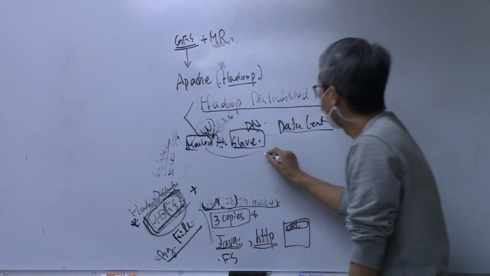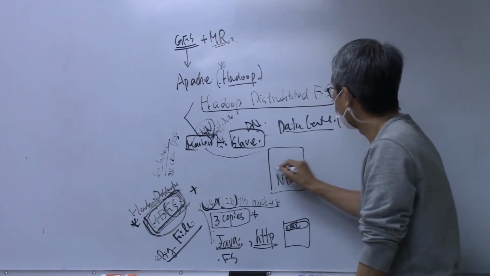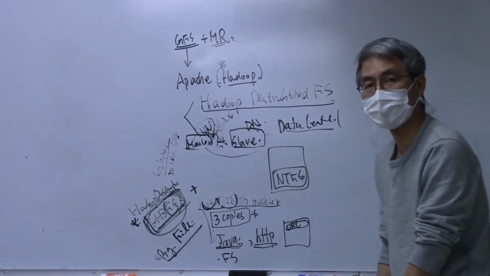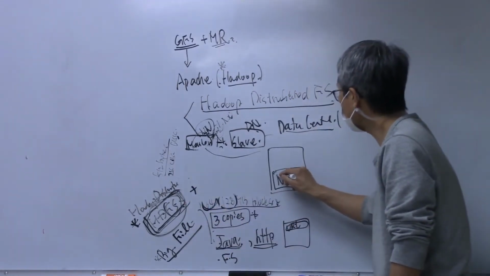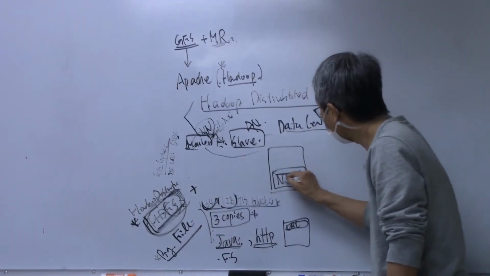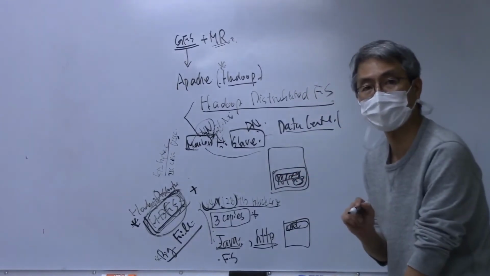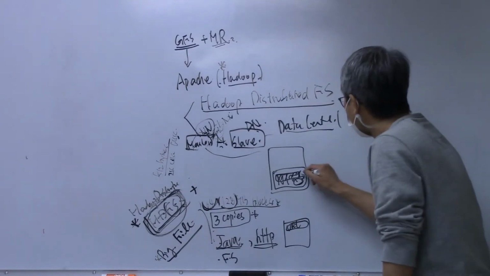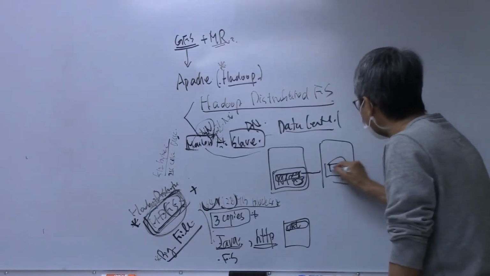For example, I have NTFS, the Windows file system. If you install the Hadoop system, this one will be one file from the NTFS point of view. But this one is actually logically connected to another file.